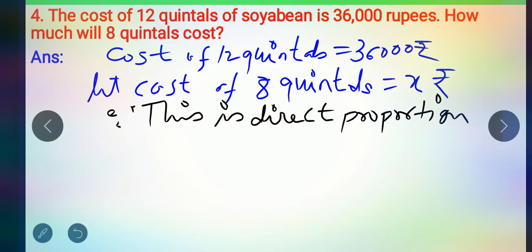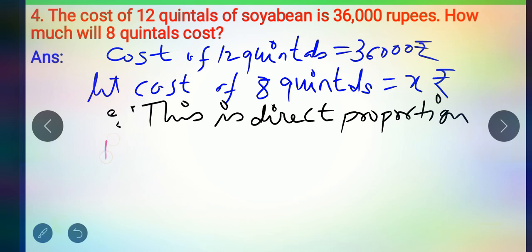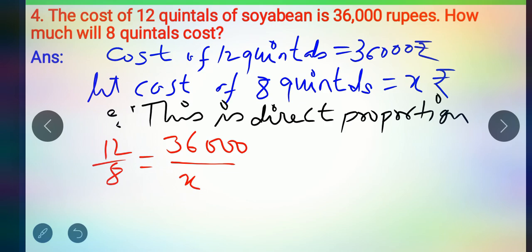Since this is direct proportion, the ratio will be equal: 12 upon 8 is equal to 36,000 upon x. Now again we can simplify it. 4 twos are 8, 4 threes are 12.